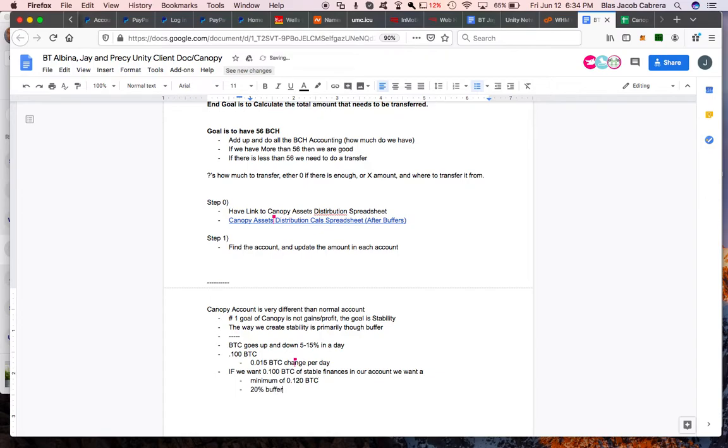So cyber currencies have very large buffers, and that buffer allows us to say, okay, not only do we have 0.1 Bitcoin in our account, the probability of us having 0.1 Bitcoin next week or next month or the month after that is relatively stable because we have a 20% buffer to deal with potential major changes in Bitcoin from day to day.